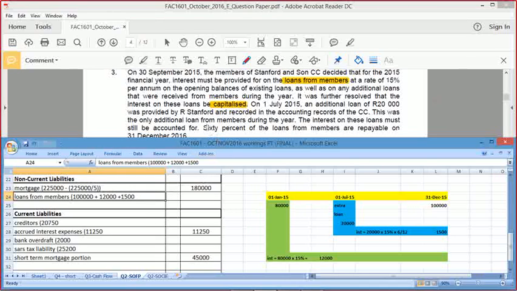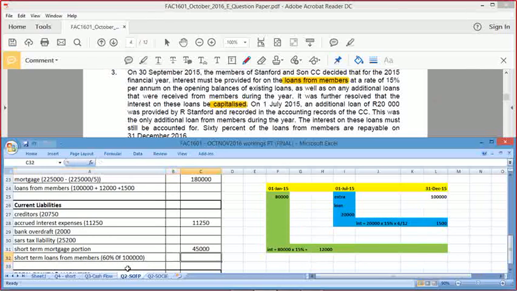Then they told you 60% of the loans are repayable on 31st December. Short term or long term? It's short term, because it's within the next 12 months. So 60% of 100,000 is 60,000 short term loans from members.